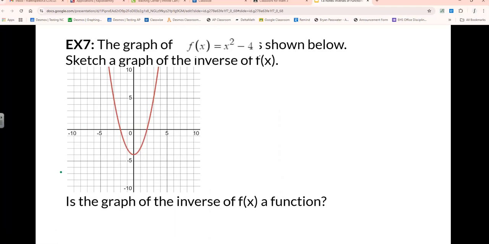Okay, something you might be asked to do is graph an inverse. And if you are really good, you might be able to put in y equals x and flip these by looking at it. I know I've got a few of you that are kind of artists out there, some of Mr. Bashir's star students.